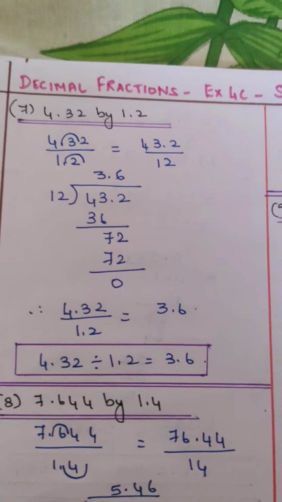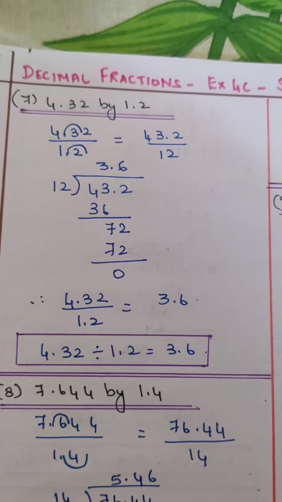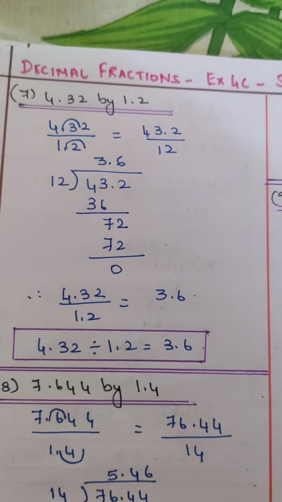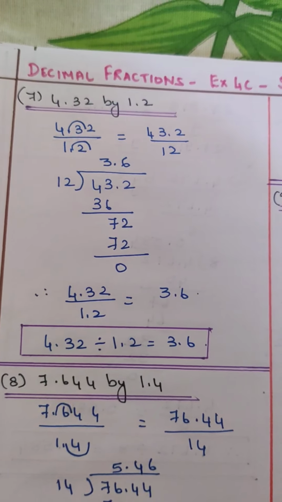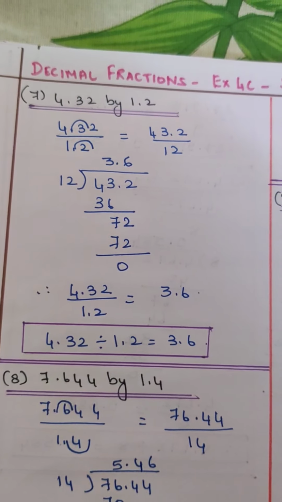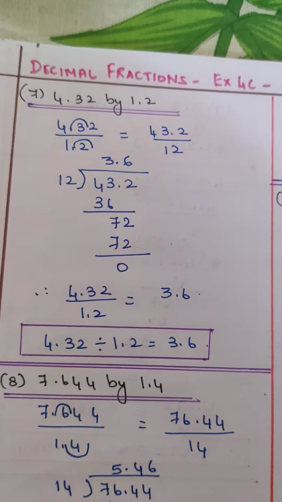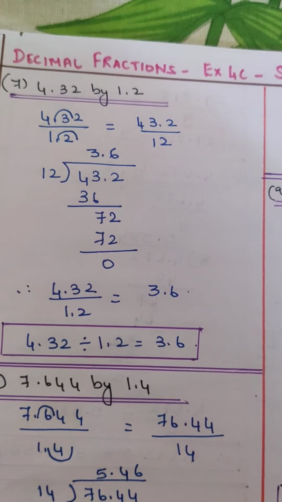Now the seventh sum, 4.32 by 1.2. To get the denominator without the decimal point, I shift 1 point from the left towards the right. So the denominator becomes 12. Since I am doing it in the denominator, I have to do that in the numerator as well. So the number becomes 43.2 divided by 12.